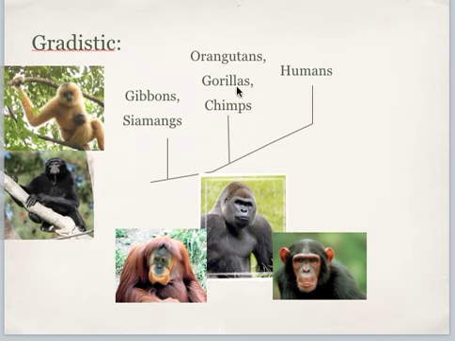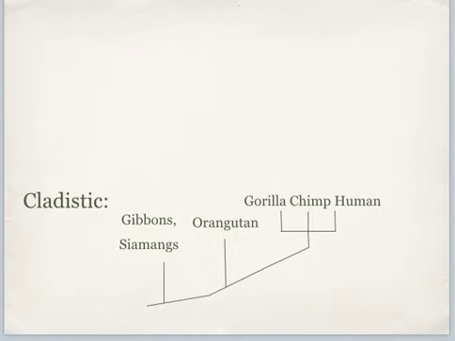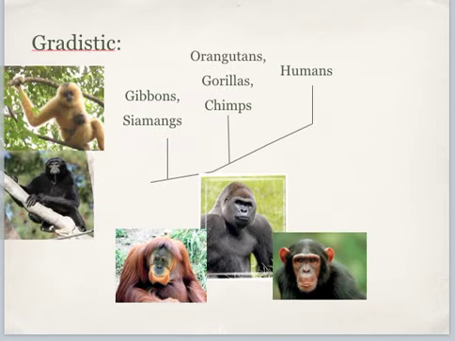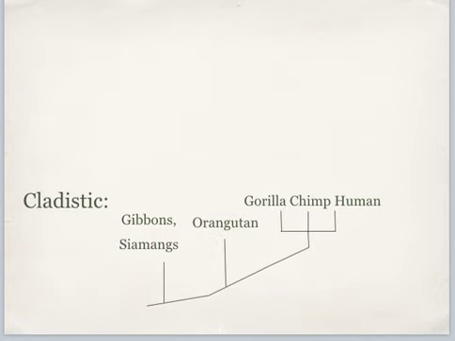We found out that we have a lot more in common with gorillas and chimps than we originally thought. So here we see cladistic classification, where gorillas, chimps, and humans are grouped together, orangutans, and gibbons and siamangs. So this is just a tiny example where you can have gradistic and cladistic differences.